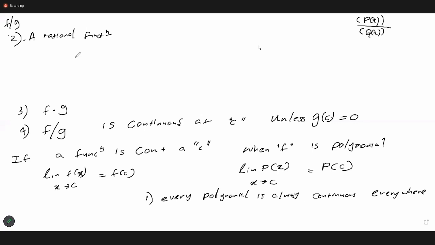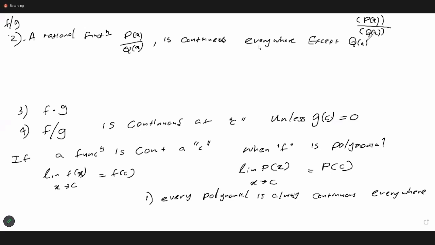So a rational function px over qx is continuous everywhere except what?